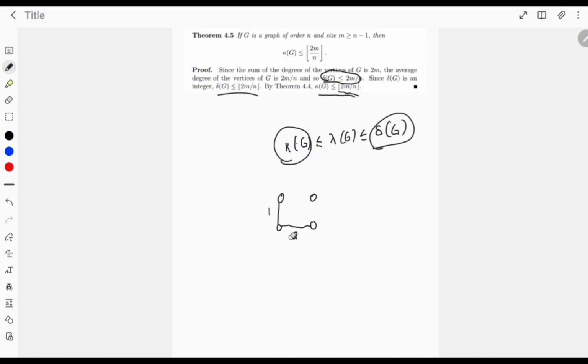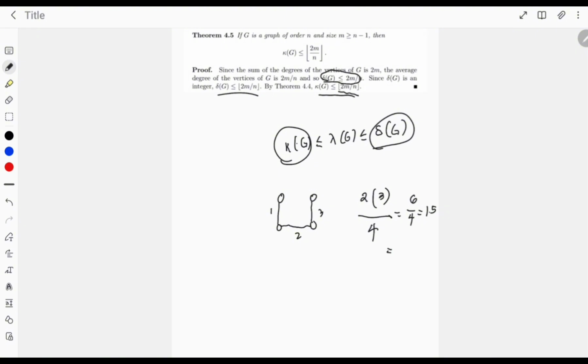Okay, suppose we have that one, so for 2m, we have 1, 2, 3 edges, so 2 times 3 over how many vertices we have? 4. 2 times 3 is equal to 6 over 4, and that is 1.5.